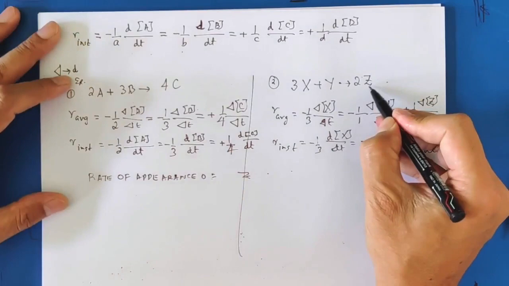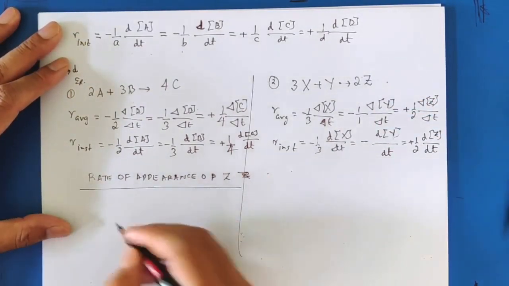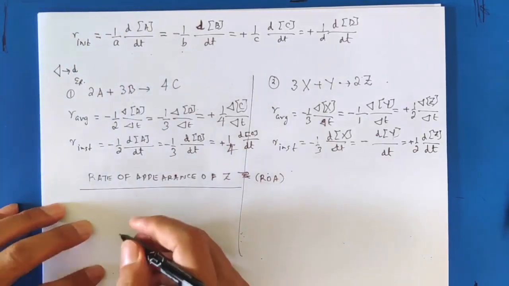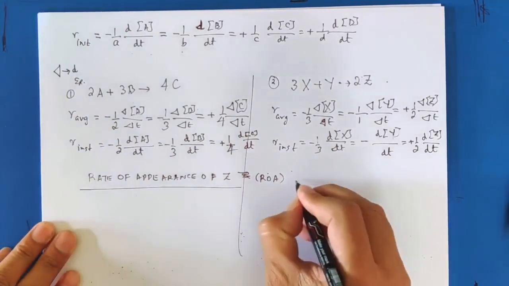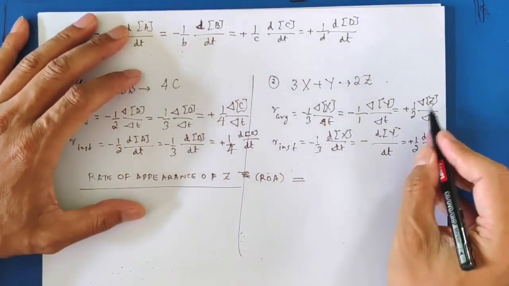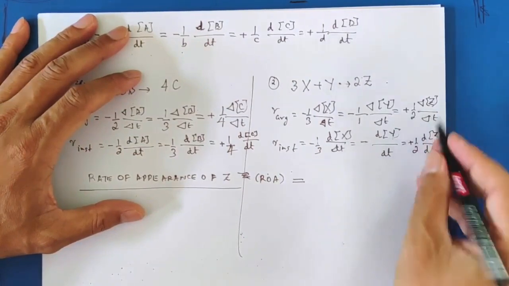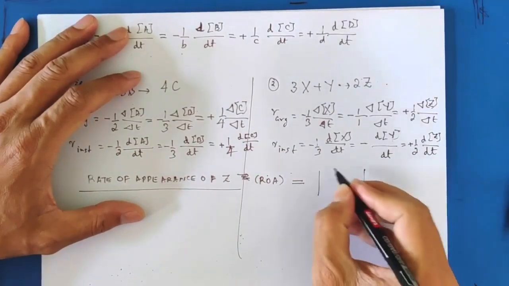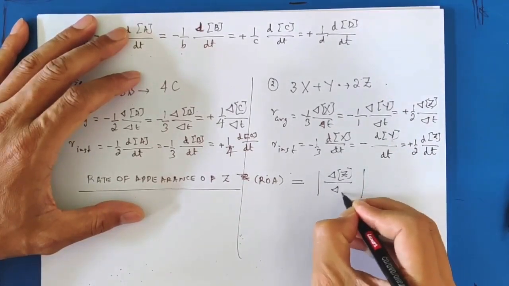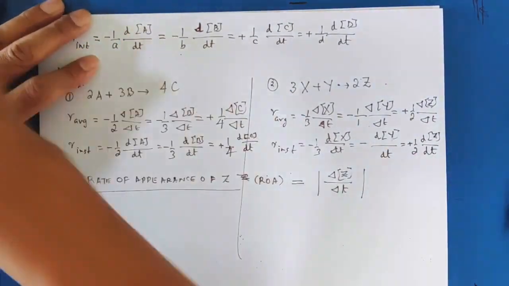Suppose here, rate of appearance of Z, ROA. The stoichiometric coefficient is not put below, so you just put the modulus of del Z by del t. Del Z by del t is the rate of appearance of Z.